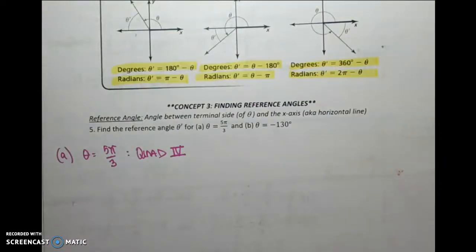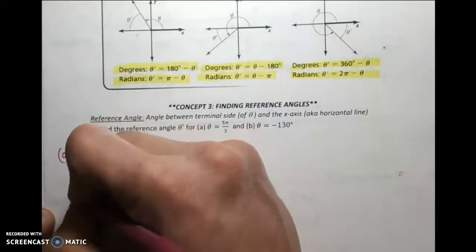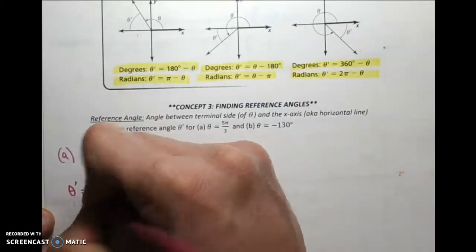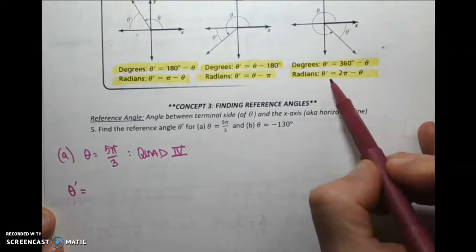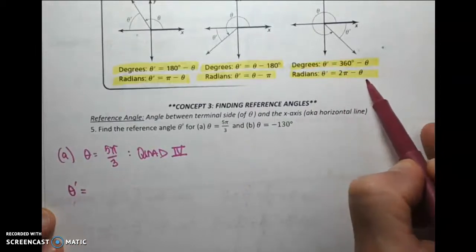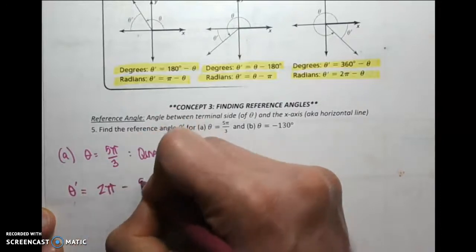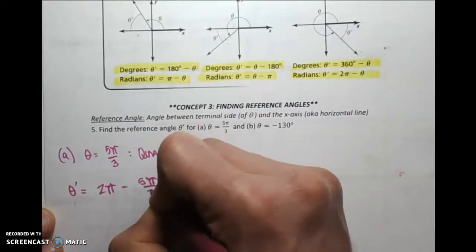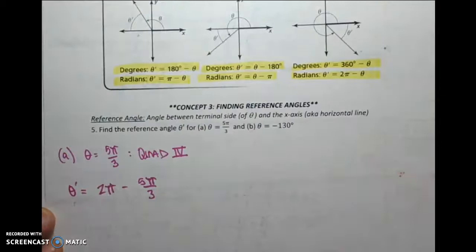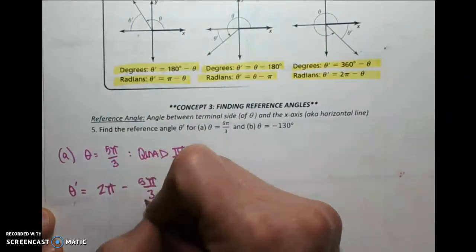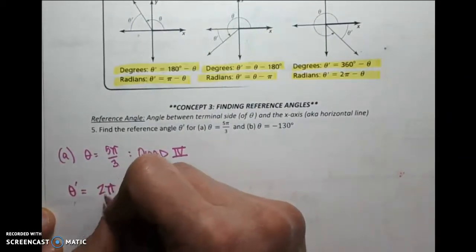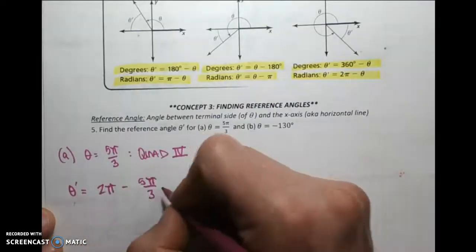Alright, next is to find this reference angle. So I'd say reference angle equals, well, if I go to quadrant 4 in radians, it's 2 pi minus theta. So now I have 2 pi minus 5 pi over 3. Okay, and I'm going to just make common denominators. So I'm going to multiply 3 to both top and bottom.